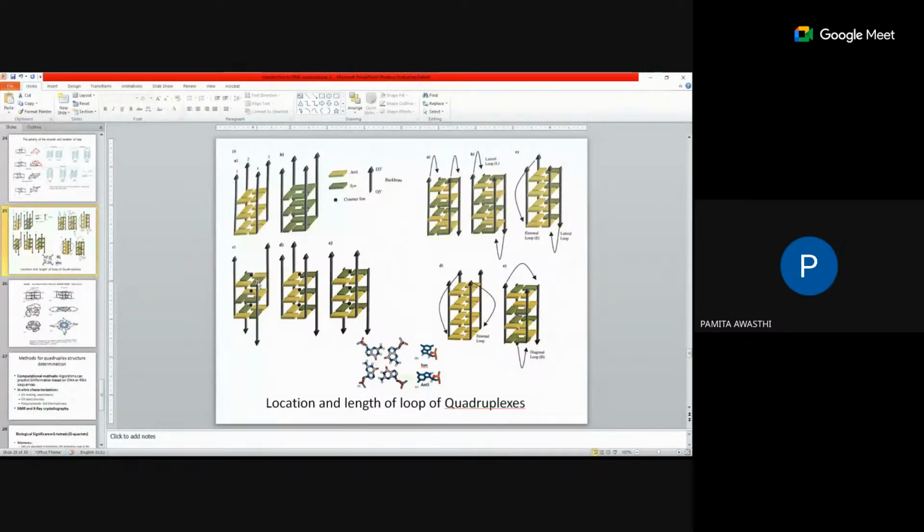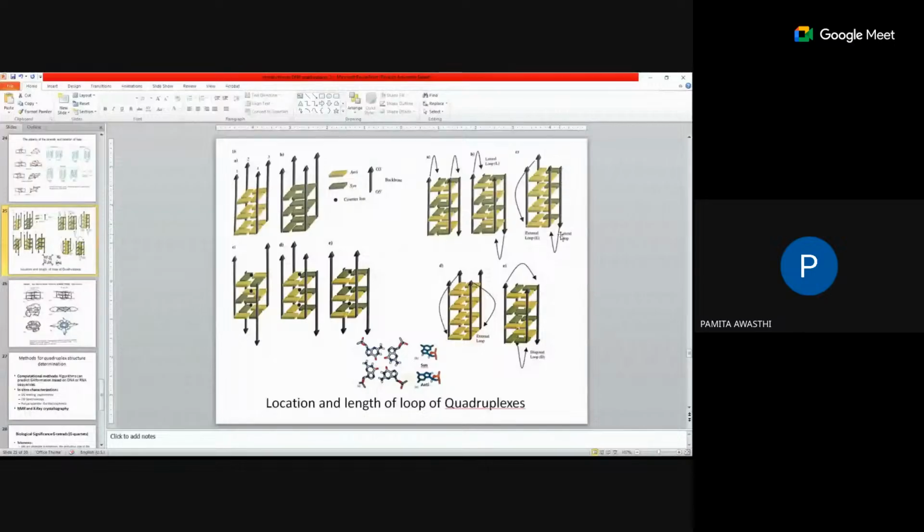So here you have alternate syn, anti, syn, and so on. You can have all anti, one syn, or two syn, and this is the way the polymorphism in DNA quadruplexes can be observed. So this is syn and anti conformation. We have discussed all these in detail in the previous slides.